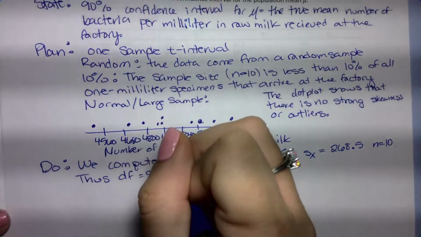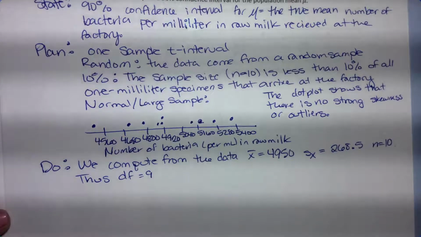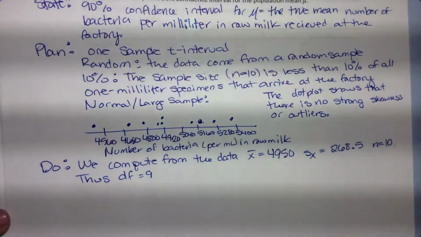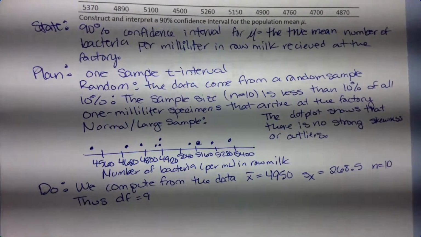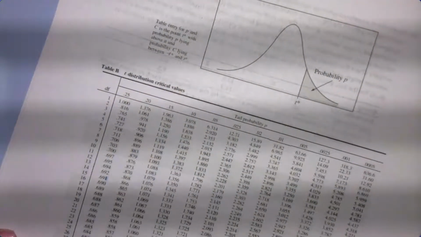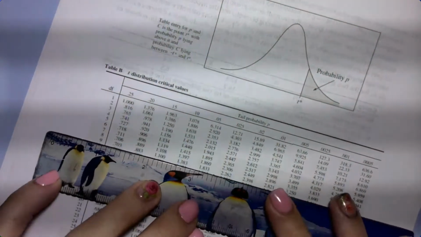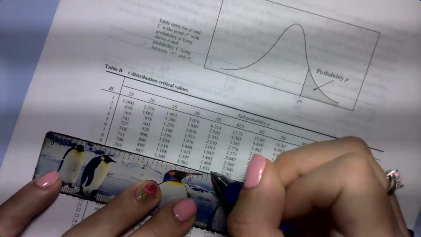And my t-star is going to be, for a 90% confidence interval with degree of freedom 9, this one right here.